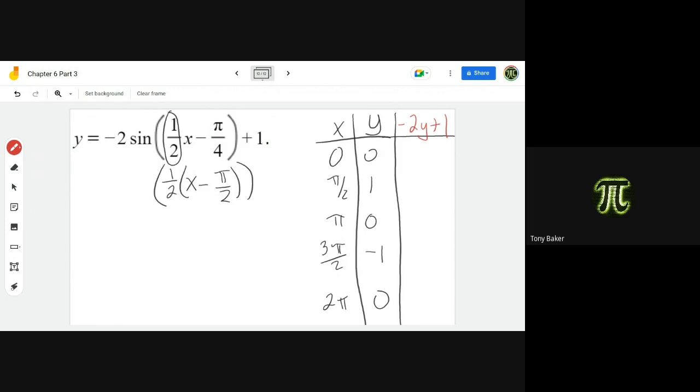Let's just get the y one out of the way. We're doing negative 2y plus 1. One, negative 1. Any questions with the y? Okay, the y should be quick and easy.